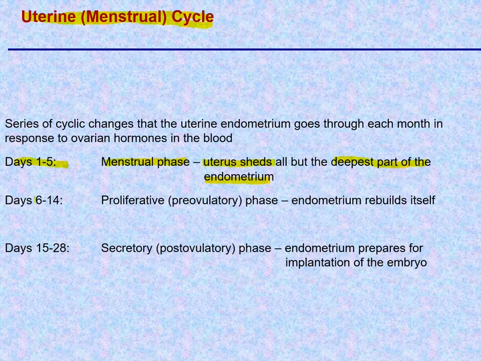And that does occur, in fact, from days 6 to 14. There's the proliferative phase, where the endometrium functional layer builds itself up again. And then from 15 to 28, you have the secretory phase, where the endometrial lining, the functional layer, is in that phase where the glands are being produced and are more active, and the wall is prepared for implantation of the embryo.